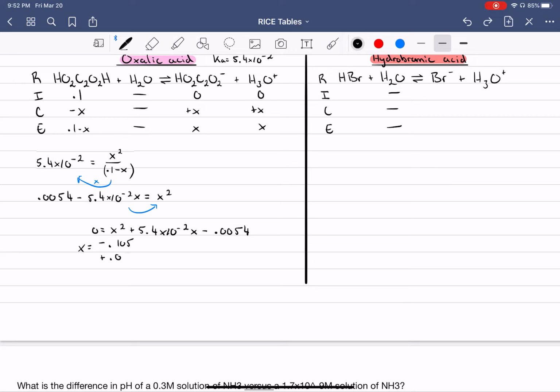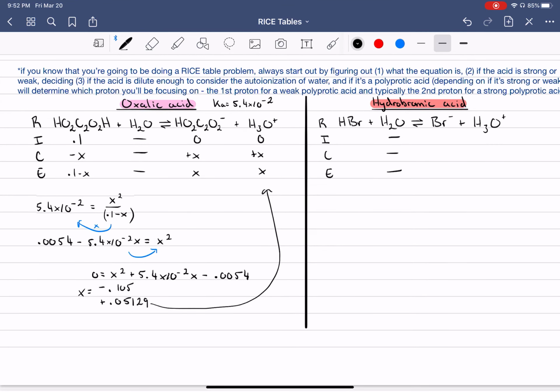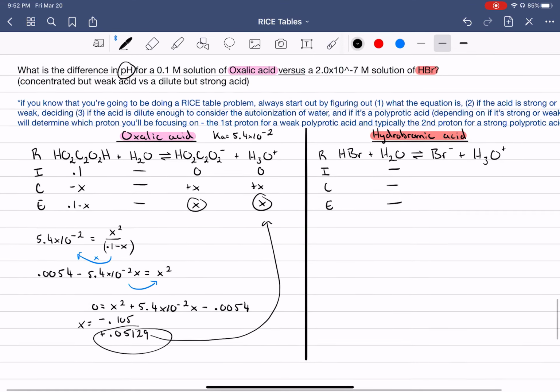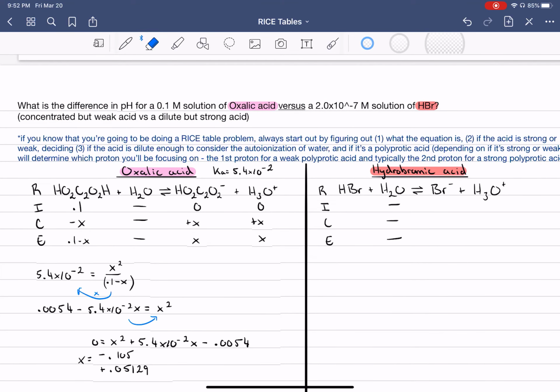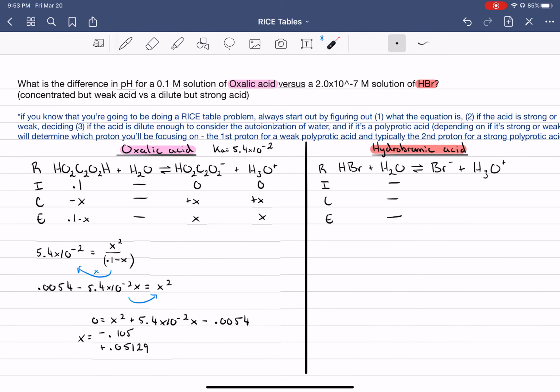Alright, this value is going to go into the H3O plus concentration because these are just simply x, so they will equal the same value for x, which is this. And the question asks what the difference in pH is for a 0.1 molar solution of oxalic acid and then this hydrobromic acid. So what we're going to have to do is find the pH of both and subtract them from each other.